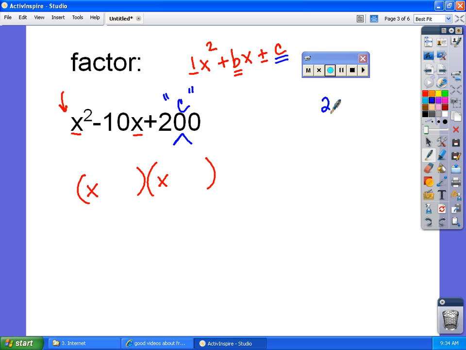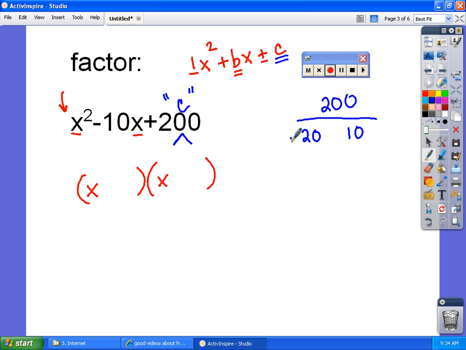So we're looking for our factors of 200. So right away I know that, oh, and here's the other thing. It's a positive 200, but look, I'm looking for things that add to negative 10. Well, if I put two positive numbers like 20 times 10, those are factors of 200, but there's no way that you can add those to get a negative number. So that tells me that my two factors are going to be negative, because a negative times a negative gets me a positive, but a negative plus a negative will get me a negative answer here.